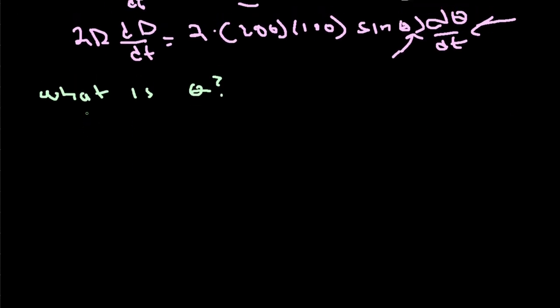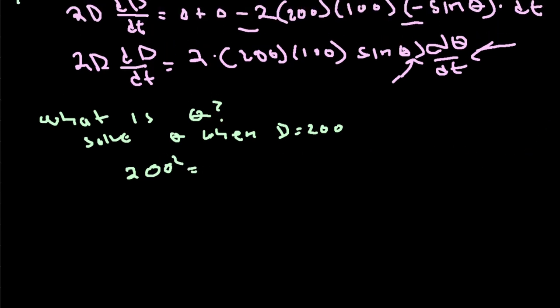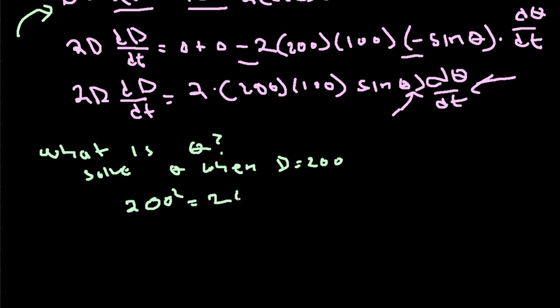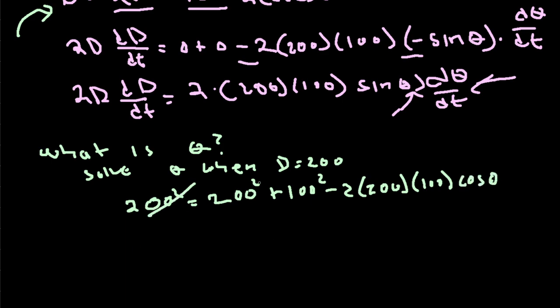So we're going to go ahead and reuse the law of cosines here. 200 squared is equal to 200 squared plus 100 squared minus 2 times 200 times 100 cosine theta. These 200s cancel, so we're going to be left with negative 100.